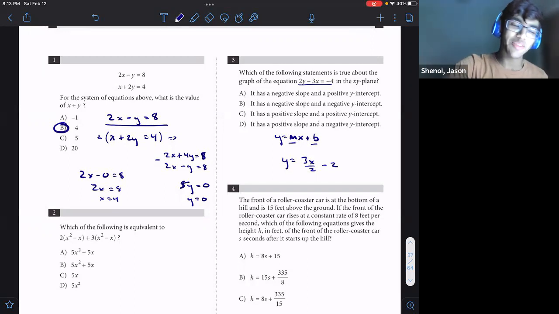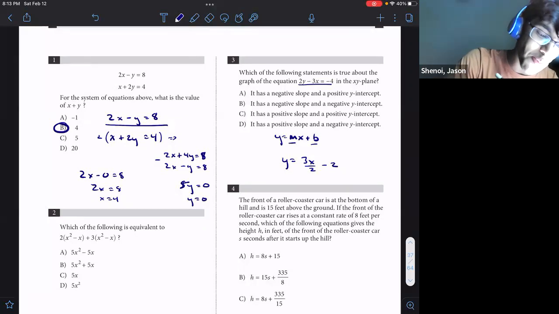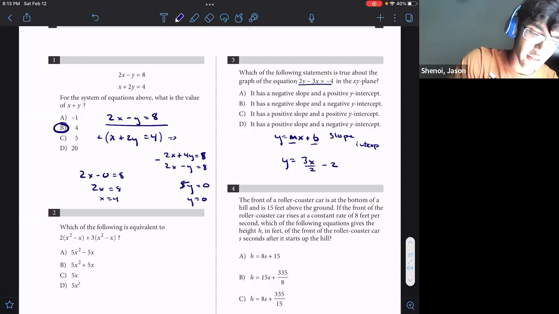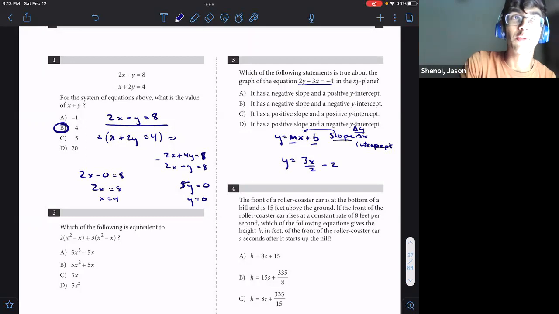Okay. So this form is called slope-intercept form. So you have your slope, which is your m, which is your delta y over delta x. It's called the slope. Remember that, slope.